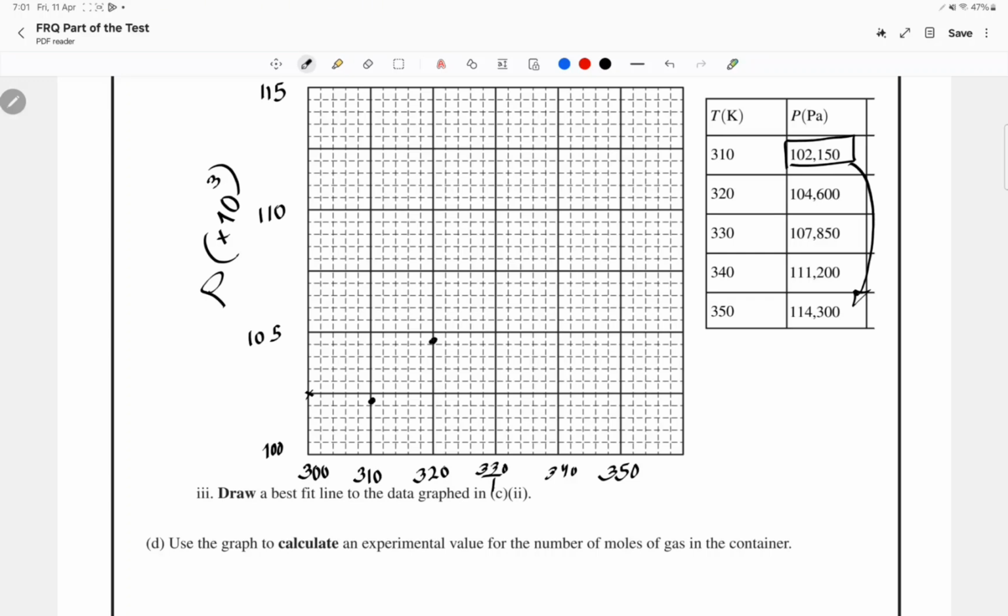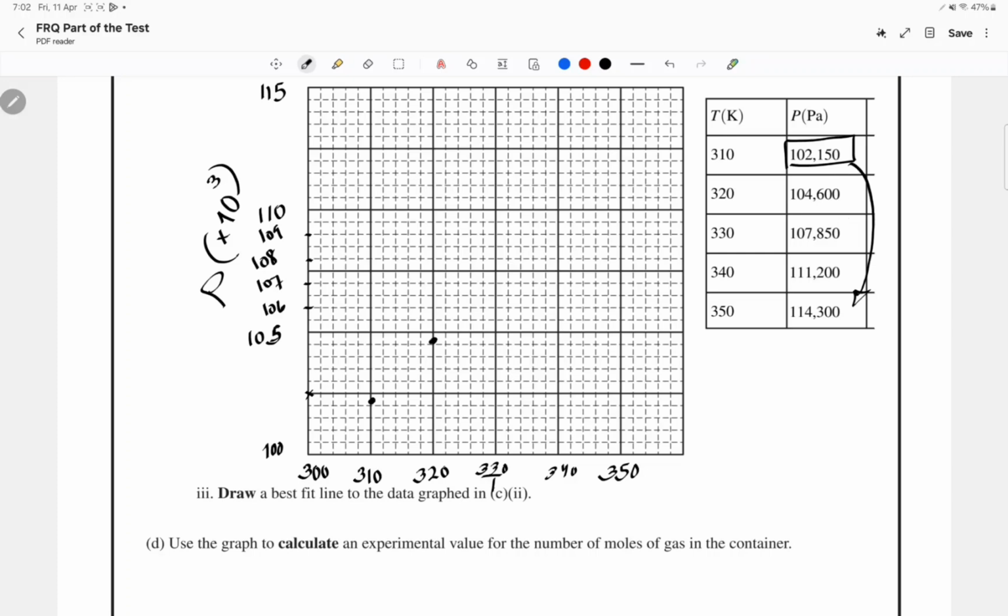Now, when they want 107, look, that would be 105, 106, 107, 108, and 109.